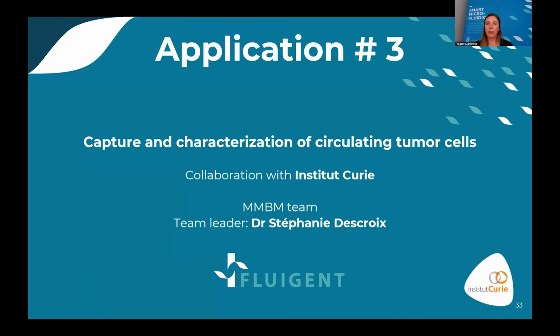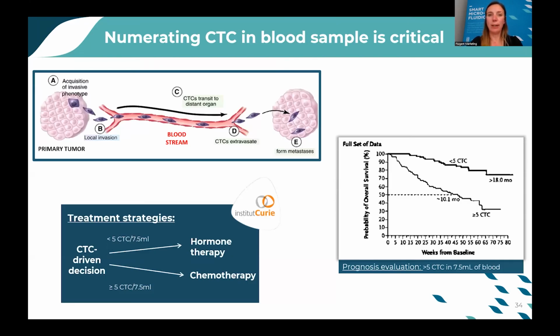Okay, and a last application, really different, that we have developed in collaboration with the team of Stéphanie Descroix at the Institut Curie is the capture and characterization of circulating tumor cells. So the context: in aggressive metastatic cancer, cells from the primary tumor can travel through the blood circulation and form new secondary tumors on other parts of the body.